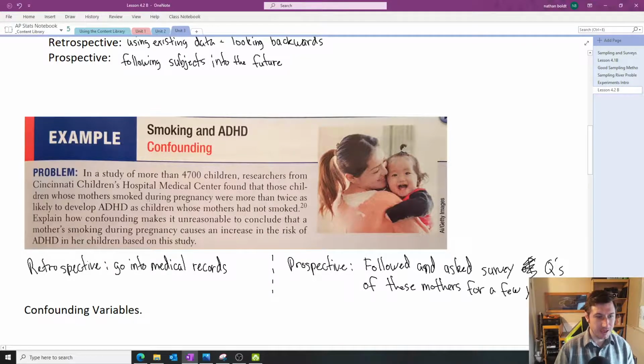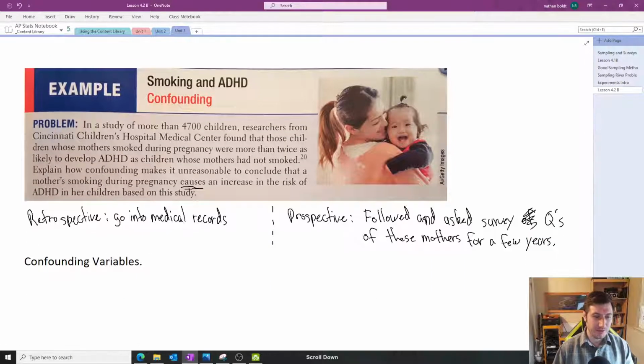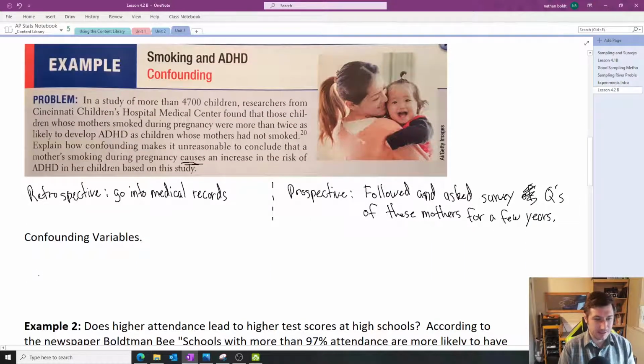All right, so explain how confounding makes it unreasonable to conclude that a mother's smoking during pregnancy causes, there's the big word there, causes an increased risk of ADHD in her children based on this study. So what this study is trying to make us think is that smoking leads to ADHD.